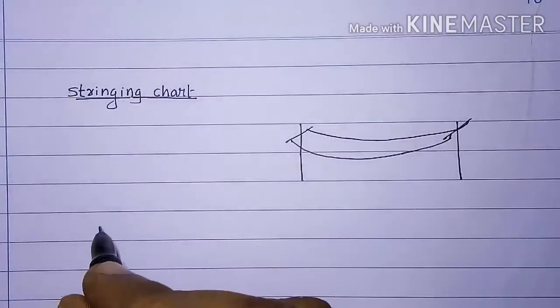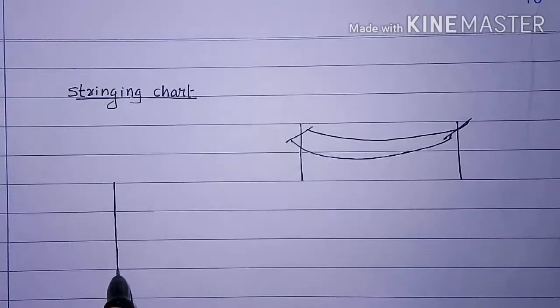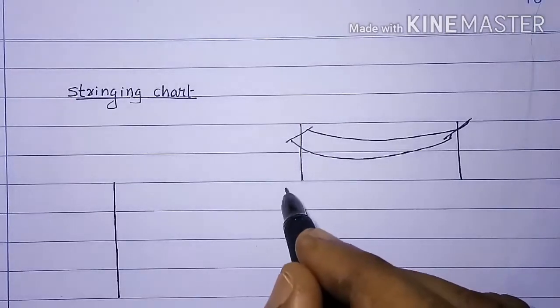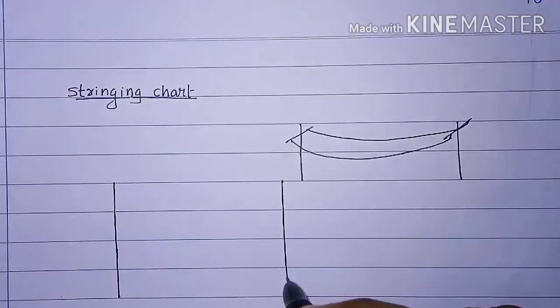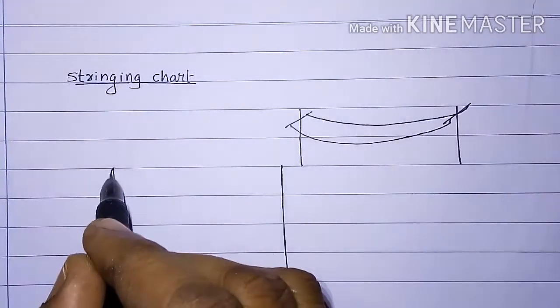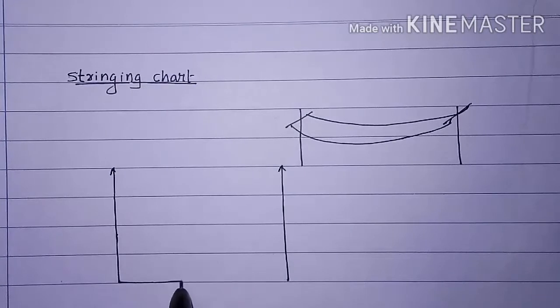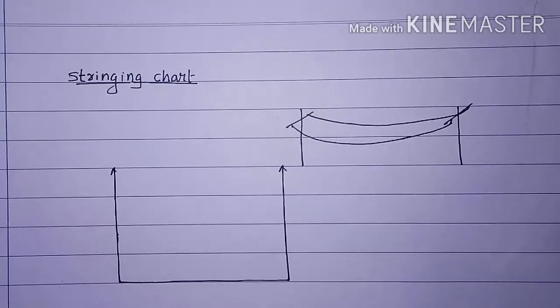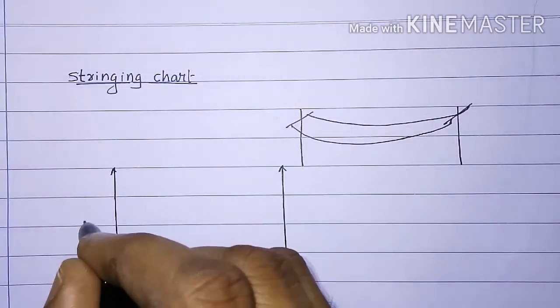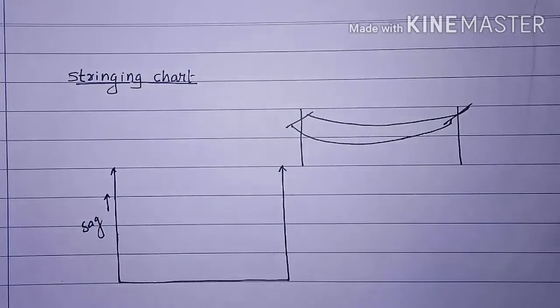In the stringing chart, two curves are drawn. One curve is for sag versus temperature.